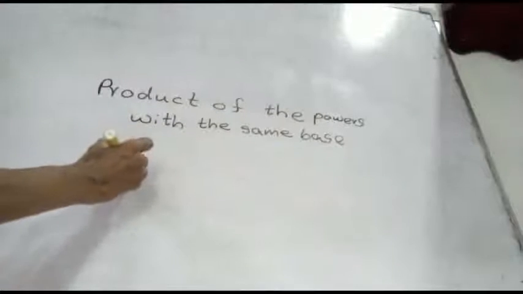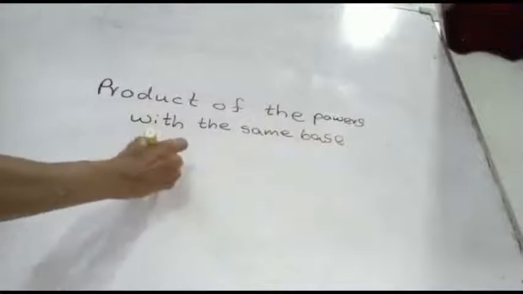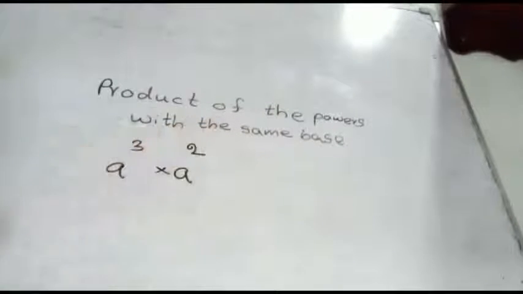Here a to the power 3 is multiplied by a to the power 2.